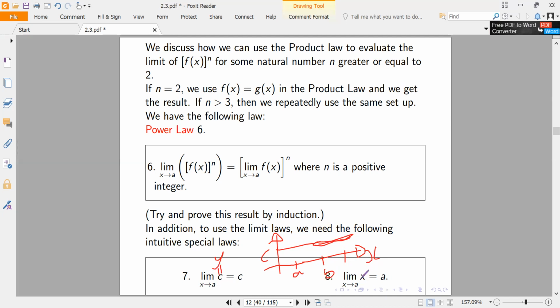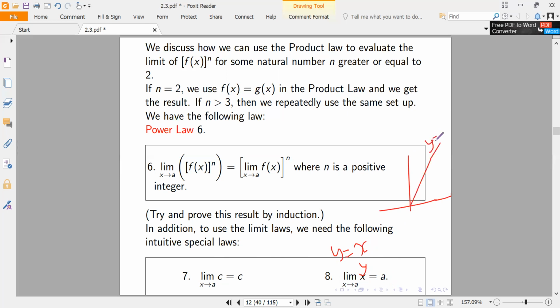And when you look at rule number 8 here, it says that the limit of x approaching a of x is equal to a. Remember that this is our y. So basically we're talking about y is equal to x. Remember that y is equal to x is a straight line function. It's a function that goes something like that.